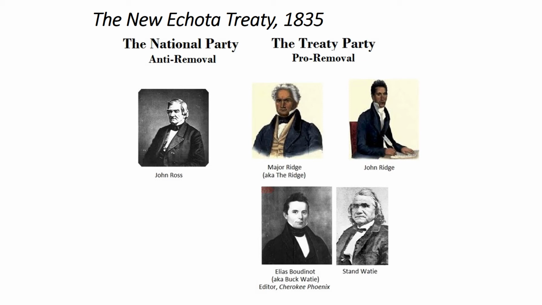Ross and the majority of the Cherokee people stayed in their homeland and continued to fight this thing in the courts, dragging it through the court and essentially really hoping to keep it tied up in court until after 1836. The end of November 1836 was going to be the next presidential election.